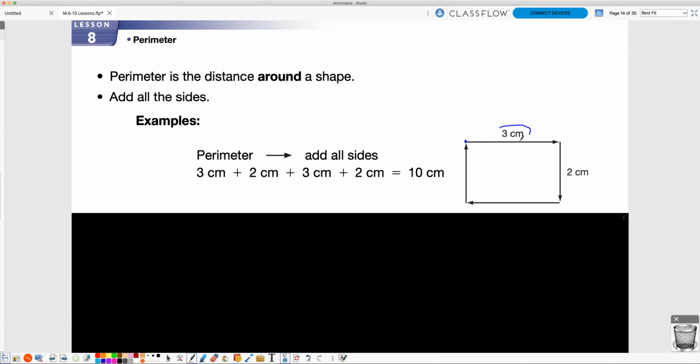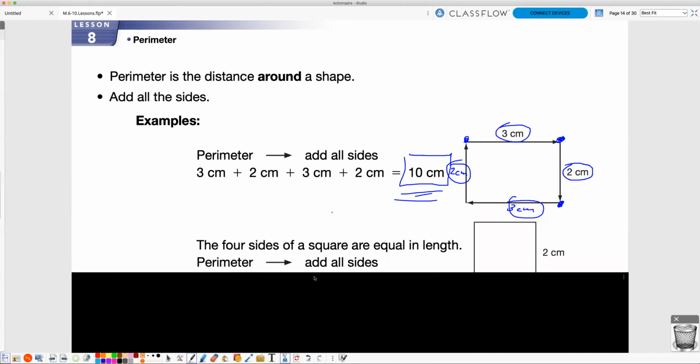Here's 3 centimeters plus 2 centimeters makes 5 centimeters, plus 3 more centimeters makes 8 centimeters, plus 2 more centimeters makes 10 total centimeters. That's the perimeter going from one point. It could have been from this point all the way back around to that point again. Whatever the origin is, whatever you begin with, it has to end at that position again if you're considering the perimeter of an object.